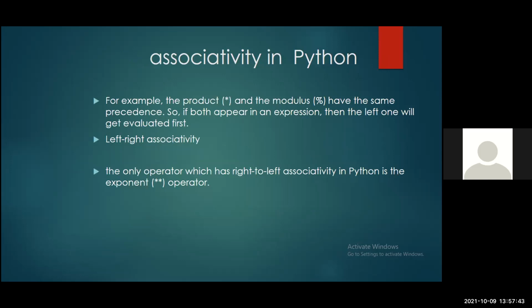For example, the multiplication and the modulus have the same precedence, or the multiplication and the division have the same precedence. So there is something called left-to-right associativity. In the case you're having all the operators within the same level of precedence in one expression, then left-to-right associativity is the rule that will guide you. Left-to-right associativity simply means compute them in the order in which they come, on a first come, first served basis.